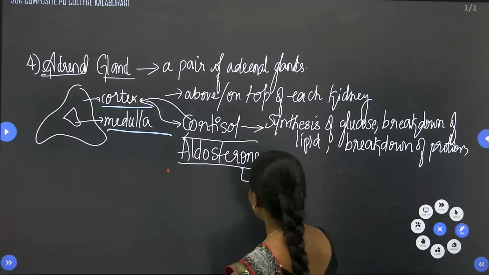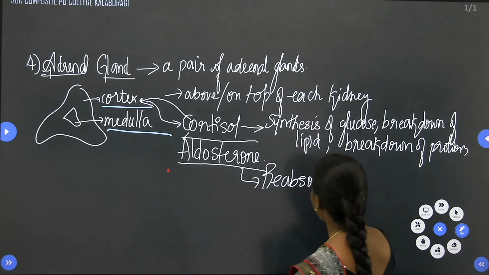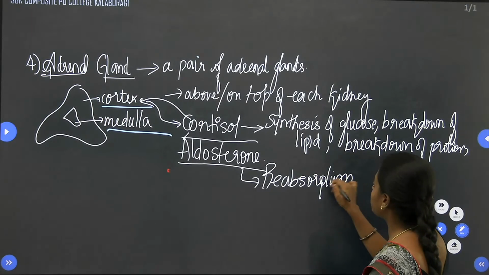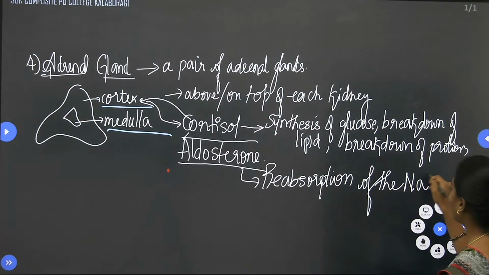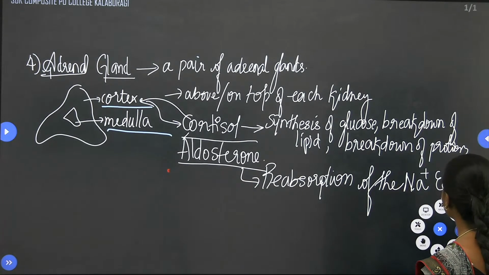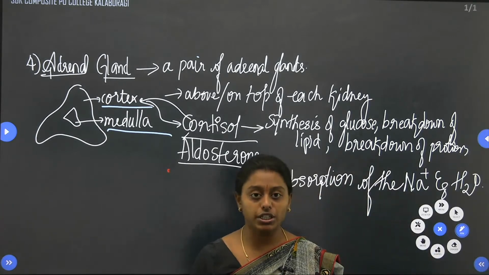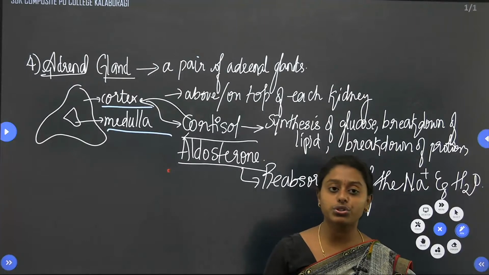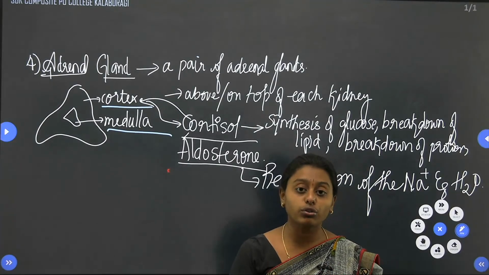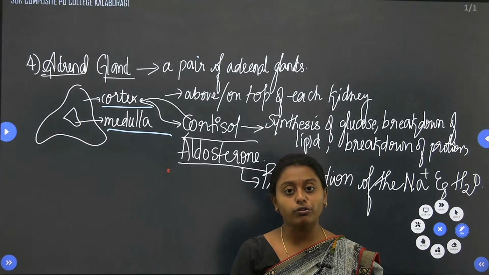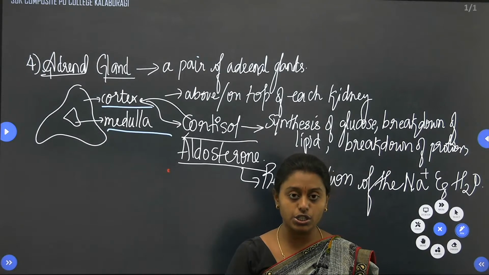This aldosterone hormone helps in reabsorption of the sodium and water molecules. If in some conditions a larger volume of water is being excreted out from the body in the form of urine, then the body will be in a dehydrated condition.